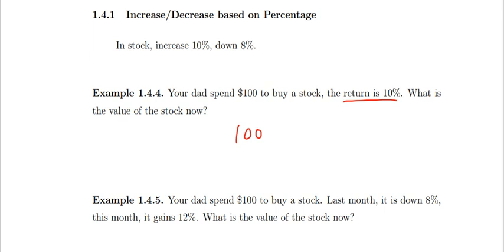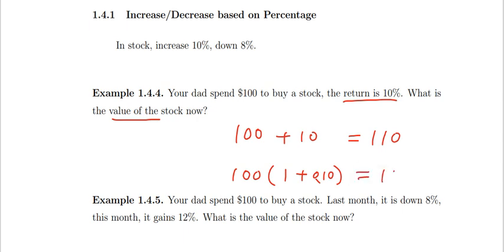So what is the value now? 10% of 100 is 10, so your return is $10, so now it is 110, right? For this calculation, we can also use this way: 100 multiplied by the original value plus the return, 1 plus 0.10, equals 110.